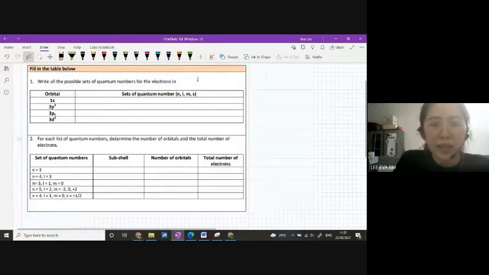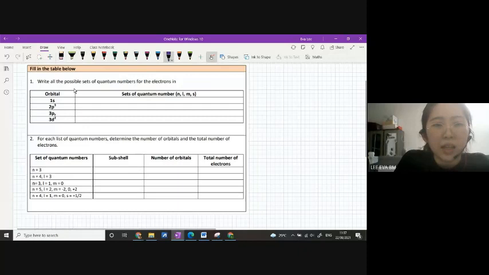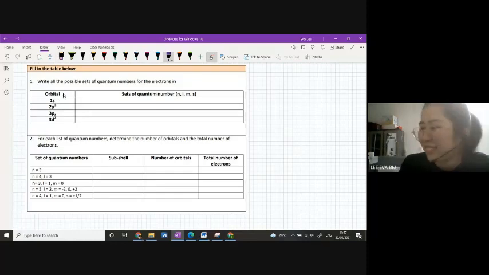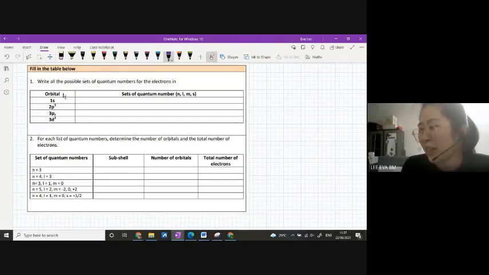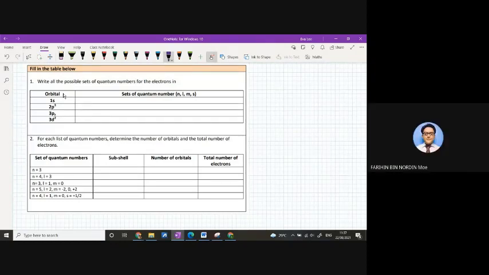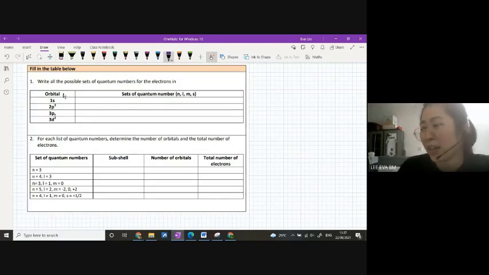Okay, so let's try this one together. Write all the possible sets of quantum number for electrons in 1s. Okay, 1s ada berapa elektron? 2 electrons. So how many sets do you have? 2 sets. So write down in your paper what is the sets of quantum number.